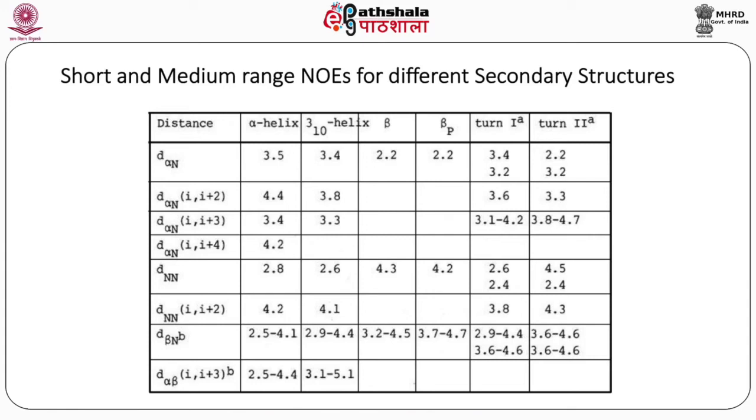As you can see, they are given for the alpha helix, for 310 helix, for the beta antiparallel and beta parallel strands and sheets, and they are also given for the type 1 turn and the type 2 turn. You should have a look at these distances so that you know what kind of NOEs can be observed, and a complete set of NOEs is very helpful in assigning the right secondary structure.